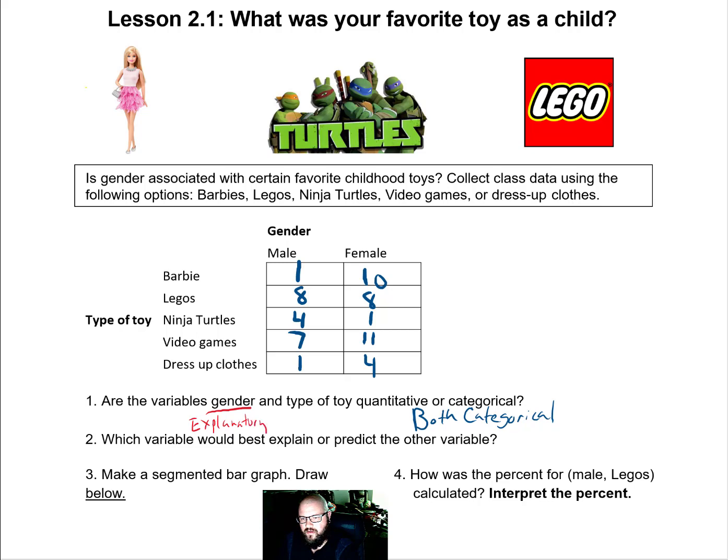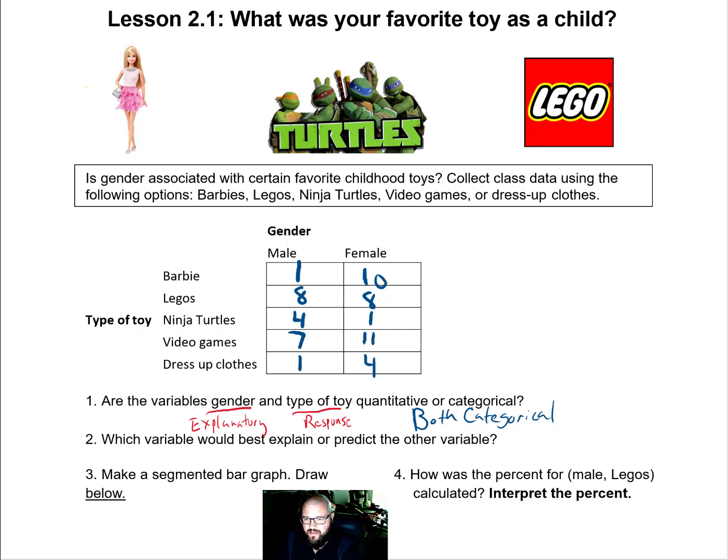In other words, it's explaining what type of toy should be selected, right? Because our response is the type of toy. So our explanatory variable, depending upon male or female, is going to respond by telling us what type of toy they probably like. Now, granted, that's stereotypical, especially nowadays, but it's just in this little survey we did, that's how it played out, okay? So with that, let's see what we got next.